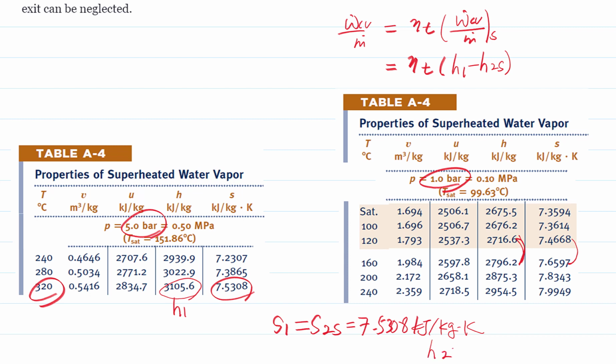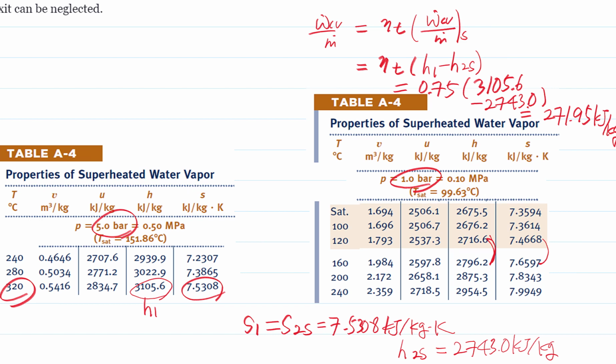So enthalpy 2S can be calculated. So we put the numbers: isentropic efficiency 0.75, times H1 minus 2743.0. So we can determine the actual work produced by the turbine.